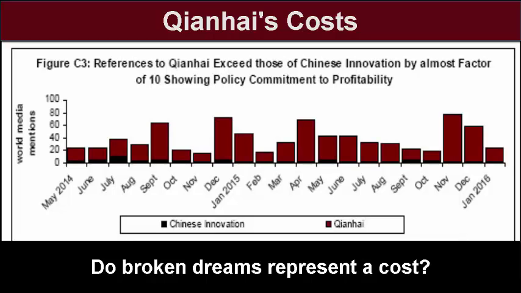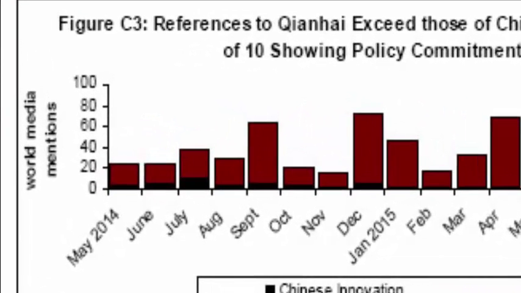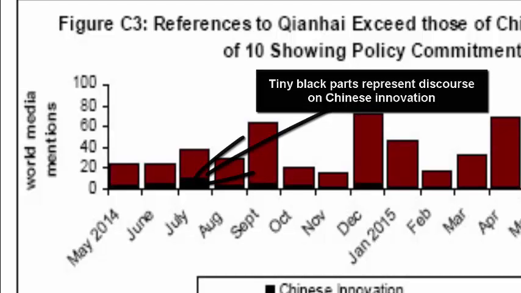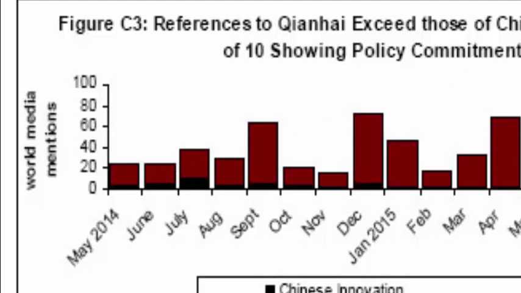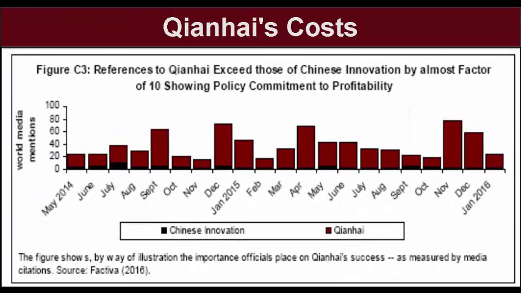Yet, despite the tremendous excitement generated over China's overall innovation for the entire country, we see that mentions on a month-by-month basis of Qianhai well outstrip those mentions of innovation in general for the entire country. Thus, if experts predict Qianhai's success, then media observers around the world predict similar success.